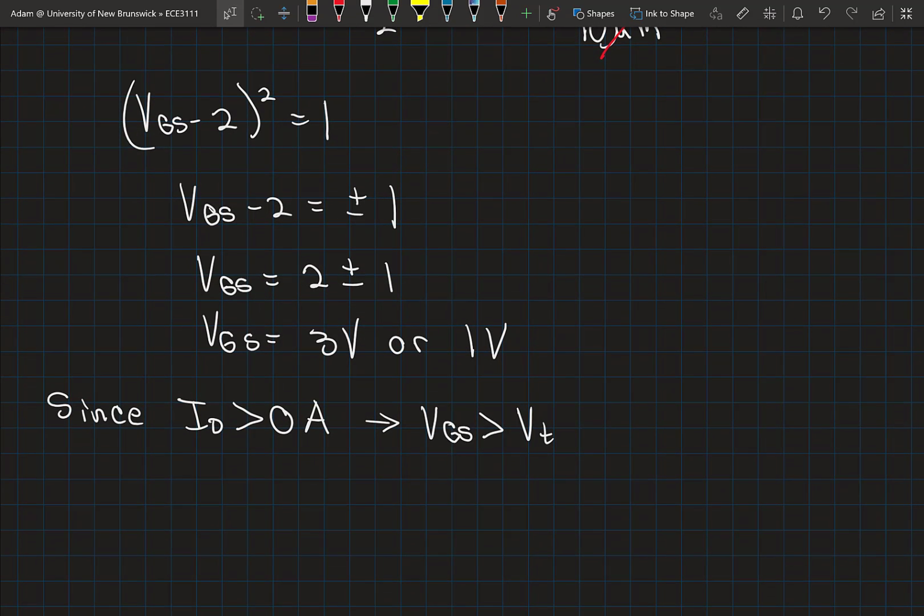If I have drain current other than 0, then my gate to source voltage must be higher than my threshold. I must have a channel formed under my gate. So the 1 volt can't be true. That gate to source voltage would be too small to create a channel and would result in no current. So my only valid gate to source voltage is 3 volts.